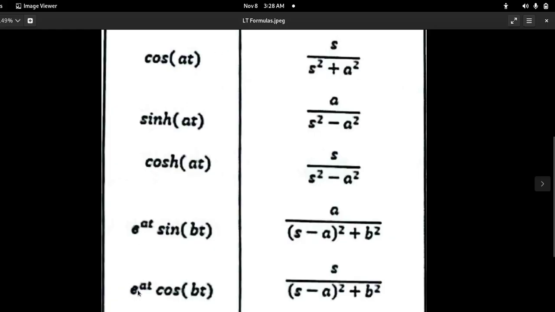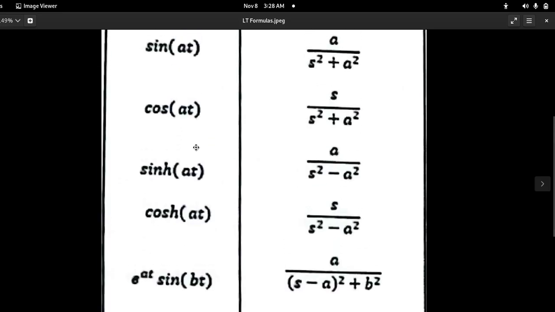Now, when you have e to the at times cosine, it is going to be s over, so you replace s with s minus whatever multiplies t, squared plus b squared. Look back at sine: you replace s with s minus the number multiplied by t. So you replace s with s minus a.